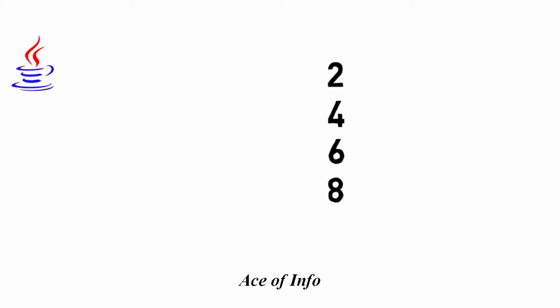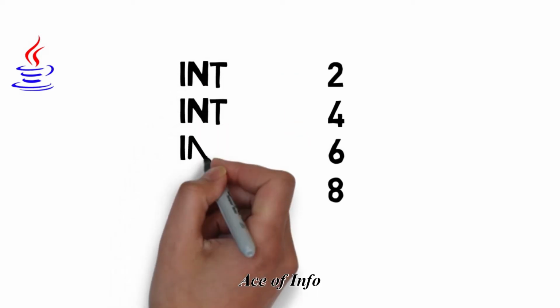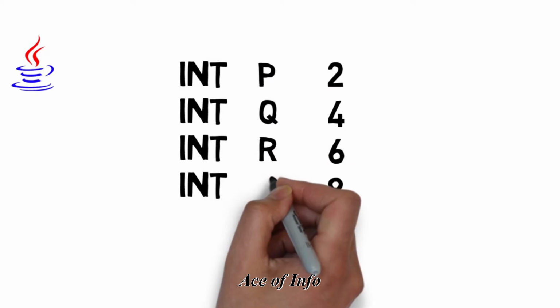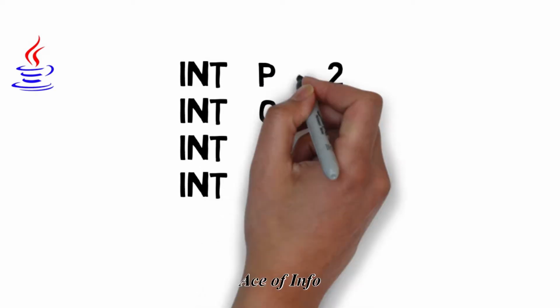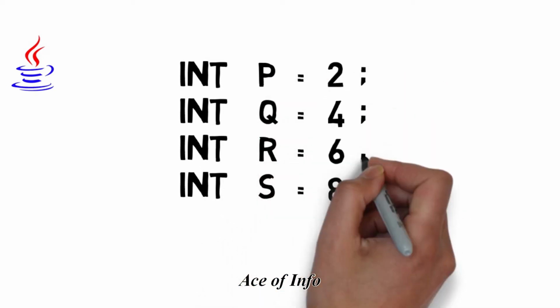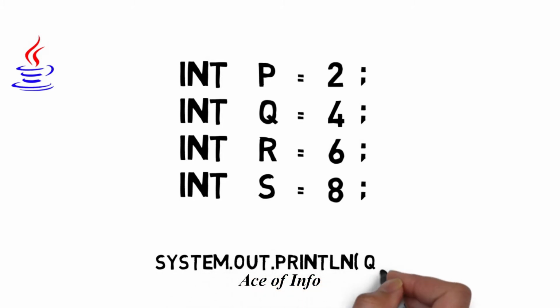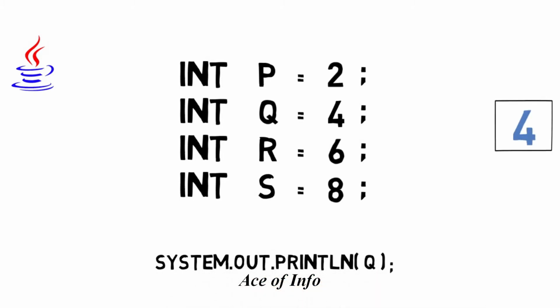To use them, we can declare int values for each one. So we give them names p, q, r, s. Then if you have to print some value, you can go ahead and print that specific one. Let's say printing q. So we say System.out.println(q) and it will do the job.